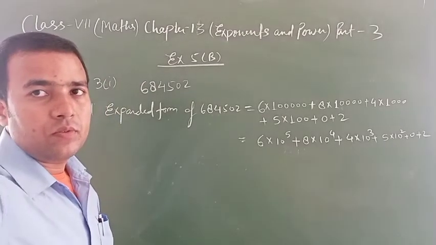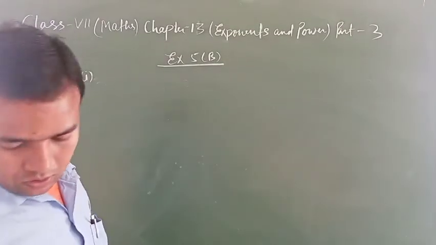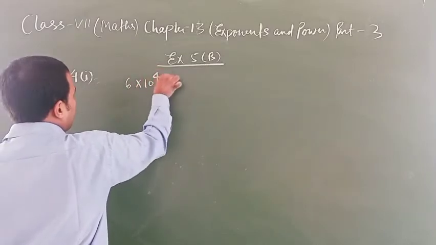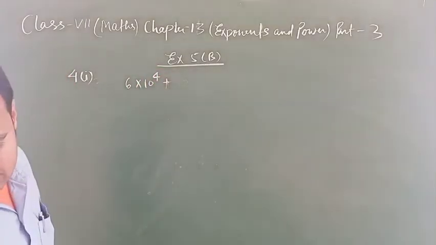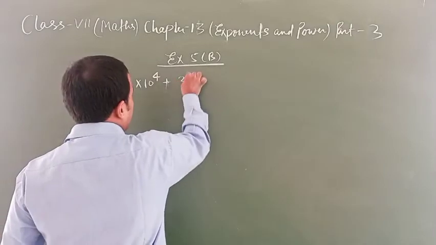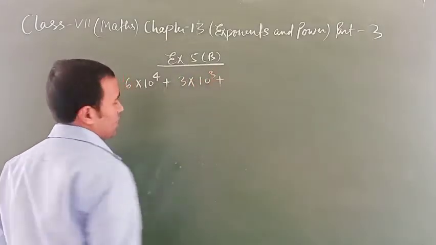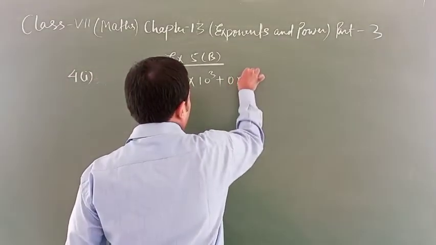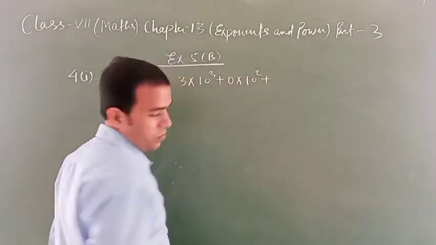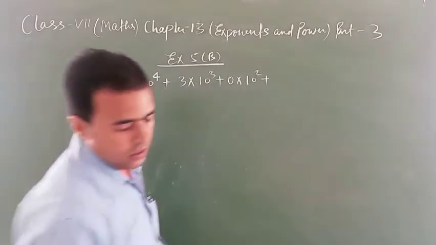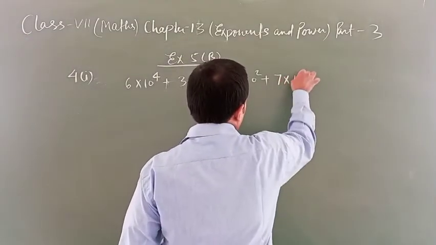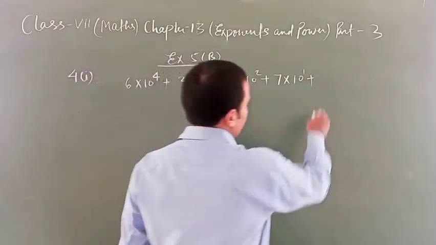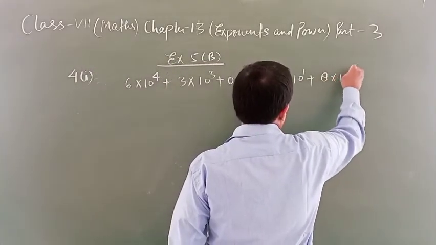Note down. Fourth one: 6 into 10 to the power 4 plus 3 into 10 to the power 3 plus 0 into 10 to the power 2 plus 7 into 10 to the power 1 plus 8 into 10 to the power 0.